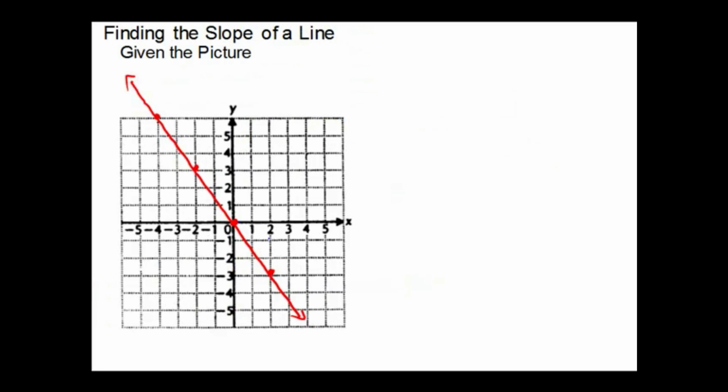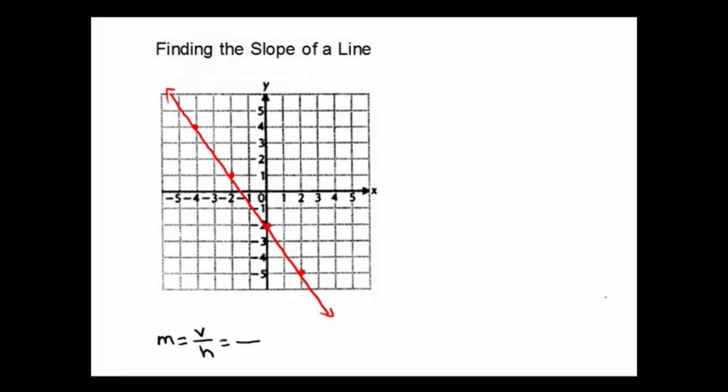First, we'll find the slope of the line given the picture. Let's find the slope of the line given 2 points. We need to find points that hit at the corners, so that we're going to use a whole unit. We could use any of these points. We only need 2 points. So let's use this point and this one, and we'll start here and move to the other point.